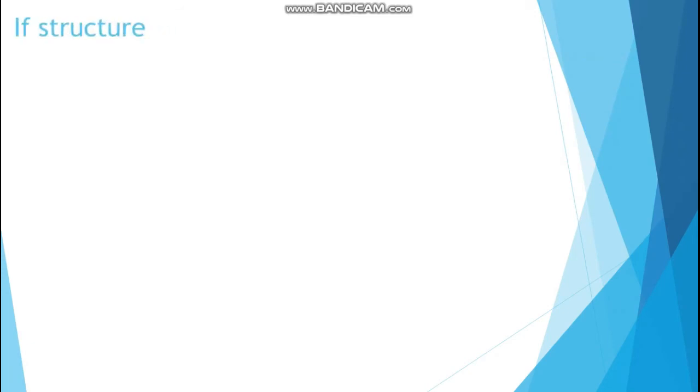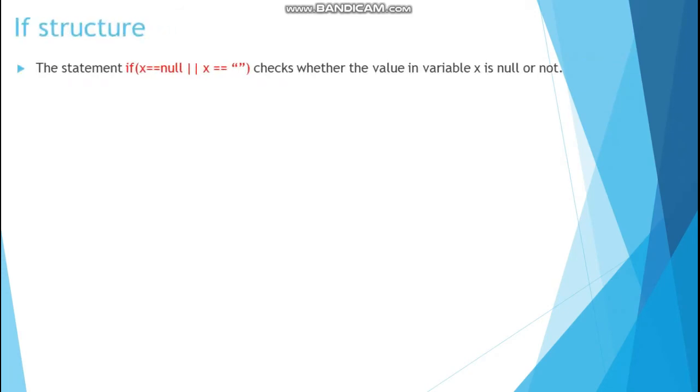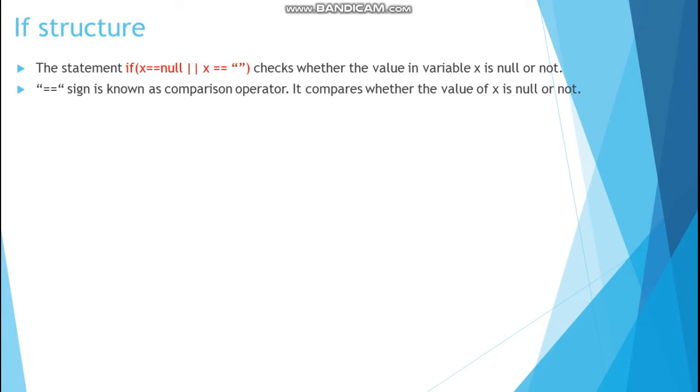The if structure: this statement, if x == null or x == "", checks whether the value in variable x is null or not. Here remember null means nothing. The double equal to sign is known as the comparison operator.